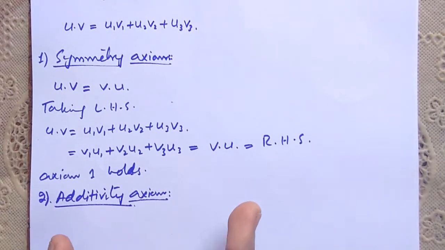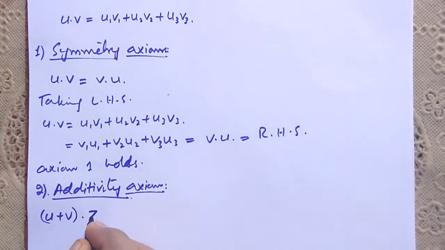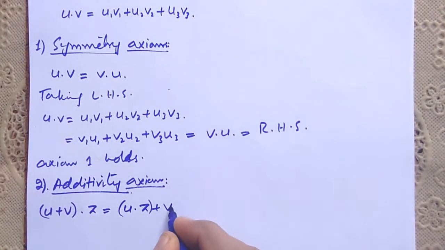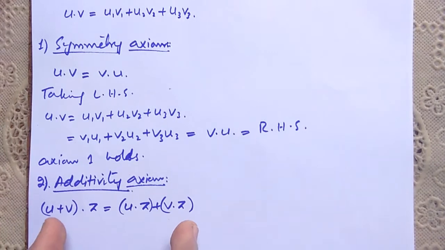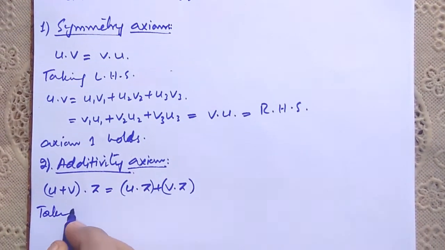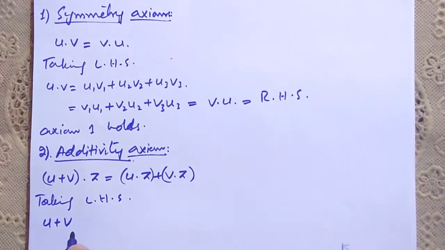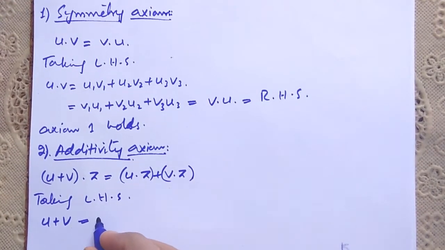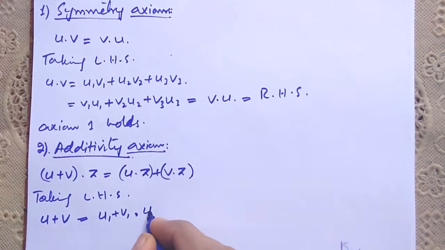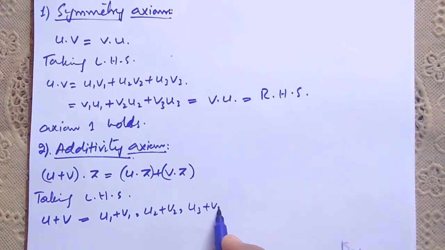And in terms of dot product, the additivity axiom will be u plus v dot z is equal to u dot z plus v dot z. And for dot product, we are required to prove this additivity axiom. So taking the left hand side, first sum the two vectors u plus v. u plus v will be u1 plus v1, u2 plus v2 and u3 plus v3.